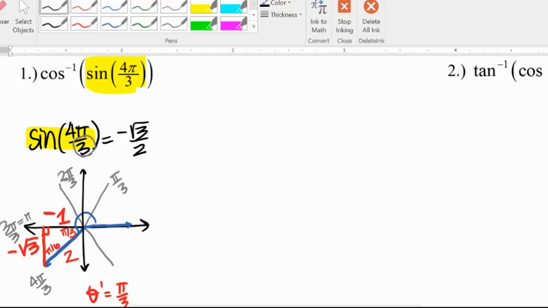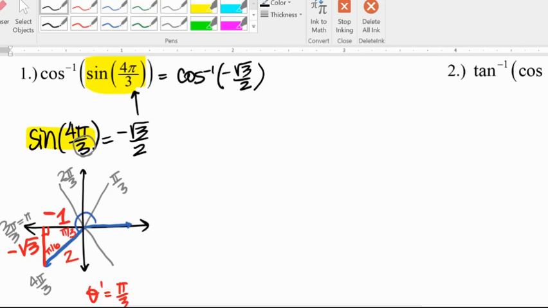So now I'm going to go back and pretty much put that into the original problem. Okay, so now we're slowly evaluating this. Okay, so now it's cosine inverse of negative root 3 over 2. I just realized I might have said that wrong previously.